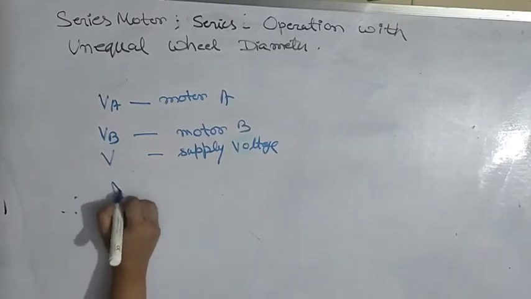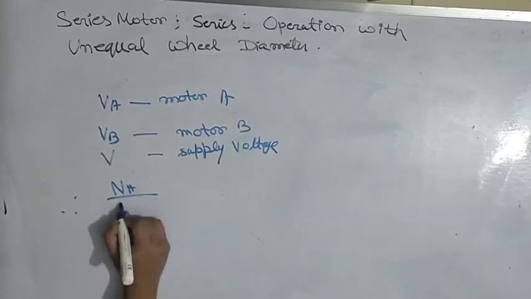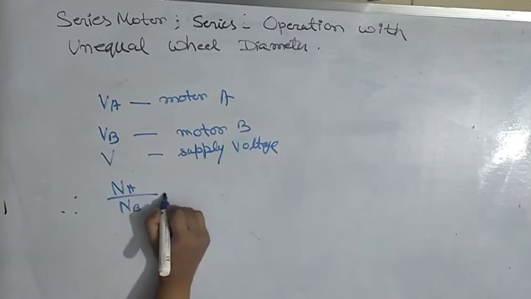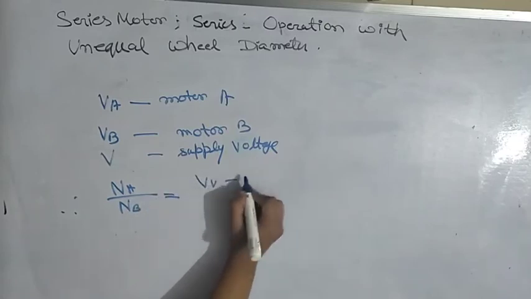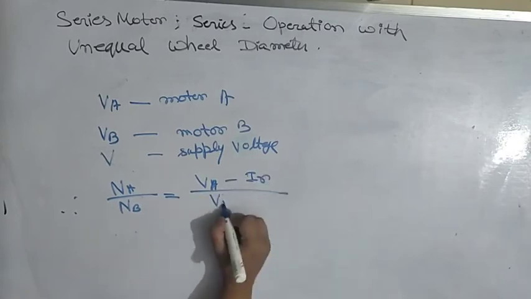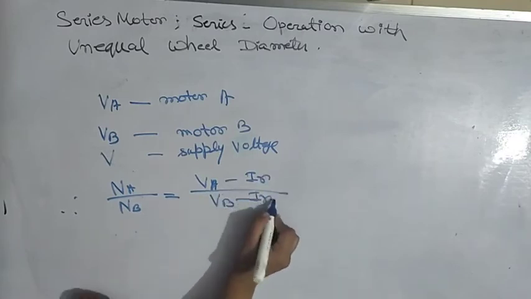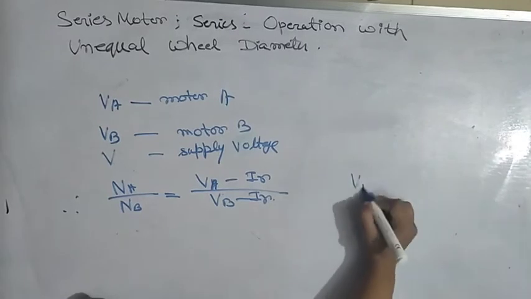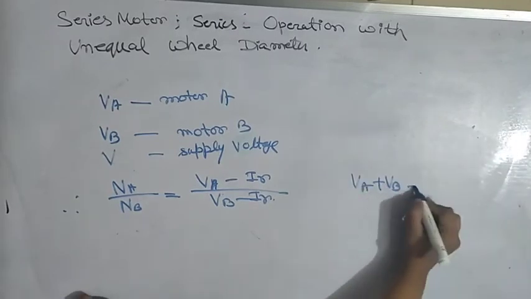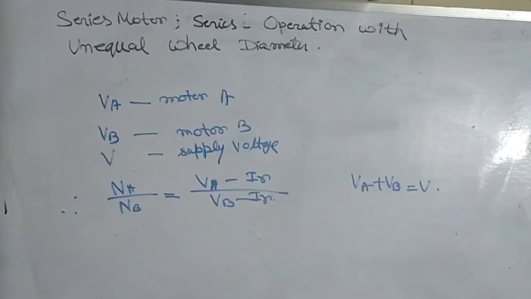Therefore NA, the speed of the first motor, by the speed of the second motor NB, equals VA minus IR by VB minus IR, and VA plus VB equals the total supply voltage.